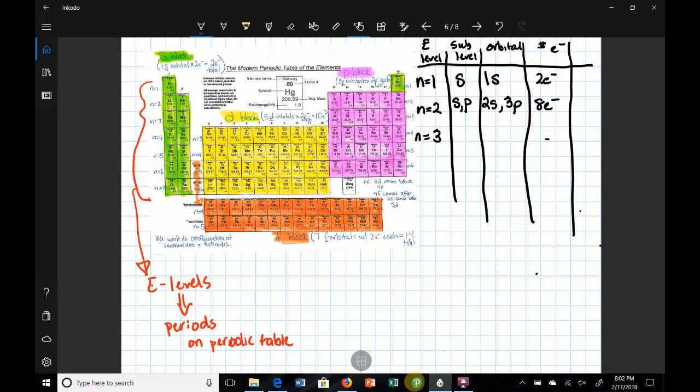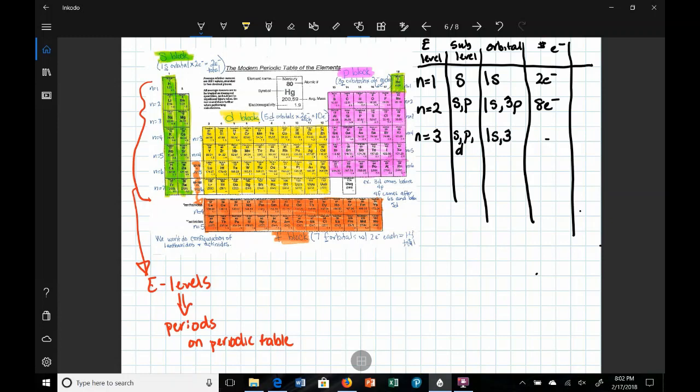On the third energy level, we have the s sublevel, the p sublevel, and the d sublevel. If you remember, there's 1 s sublevel. Now, back down here to the third energy level, we have 1 s sublevel.